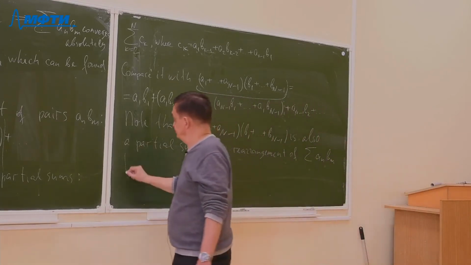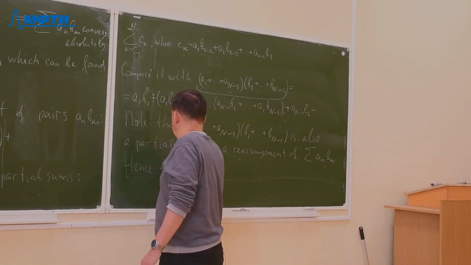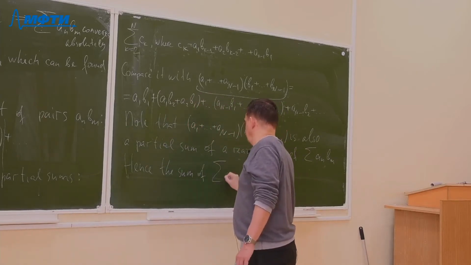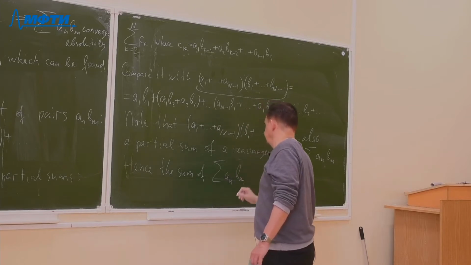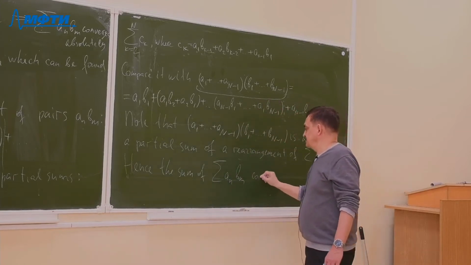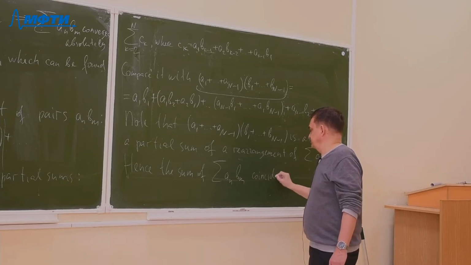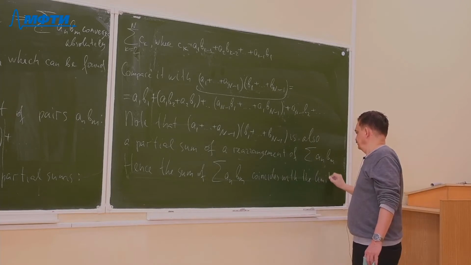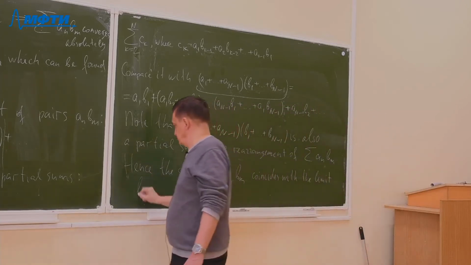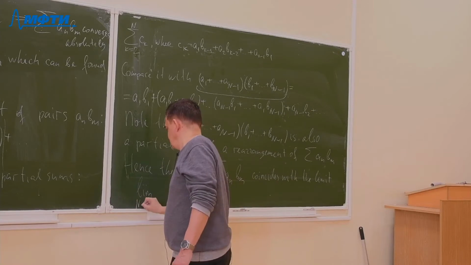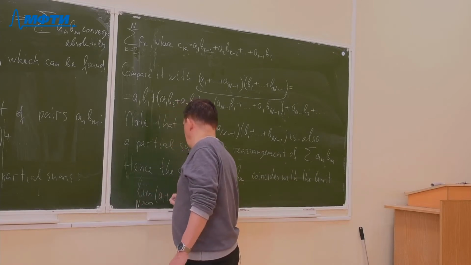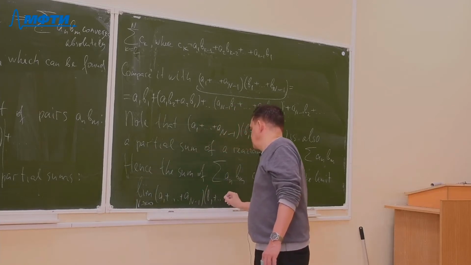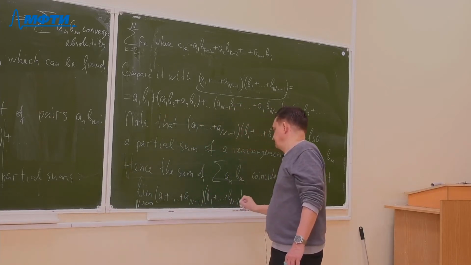Hence, the sum of the series coincides with the limit as n tends to infinity of (A1 plus so on plus A(n-1)) times (B1 plus so on plus B(n-1)).